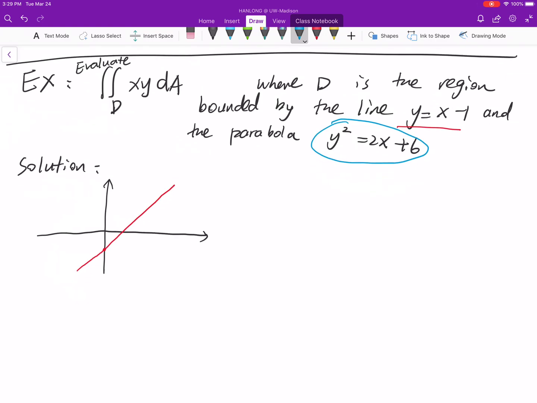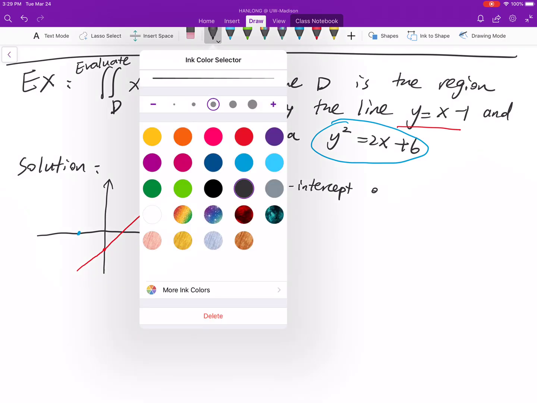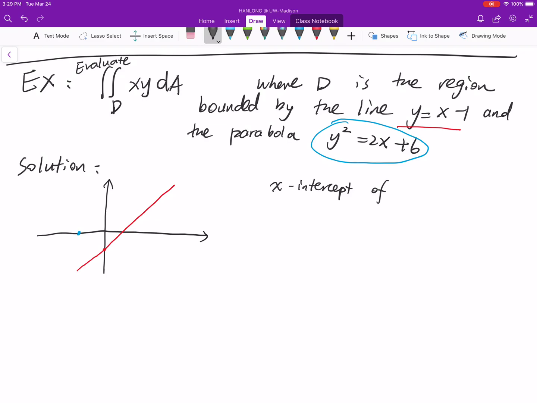The x-intercept of y squared equals 2x plus 6 is negative 3.